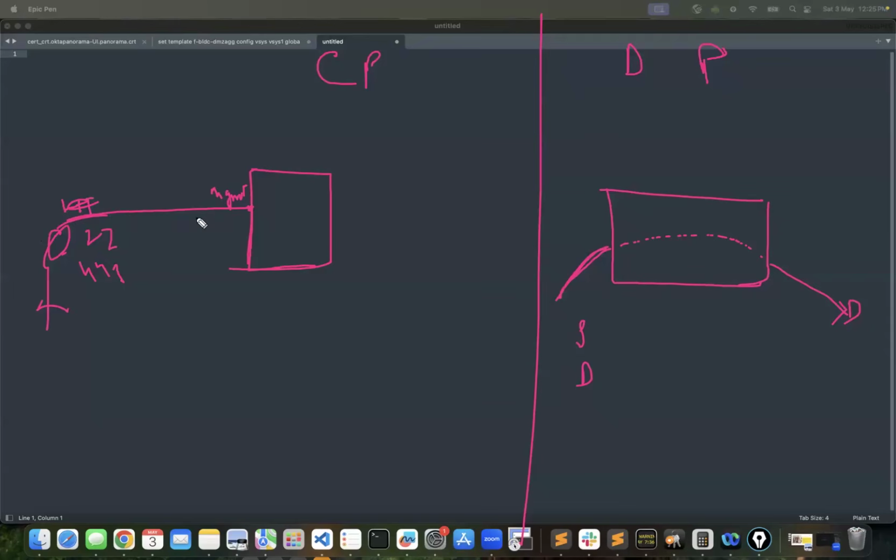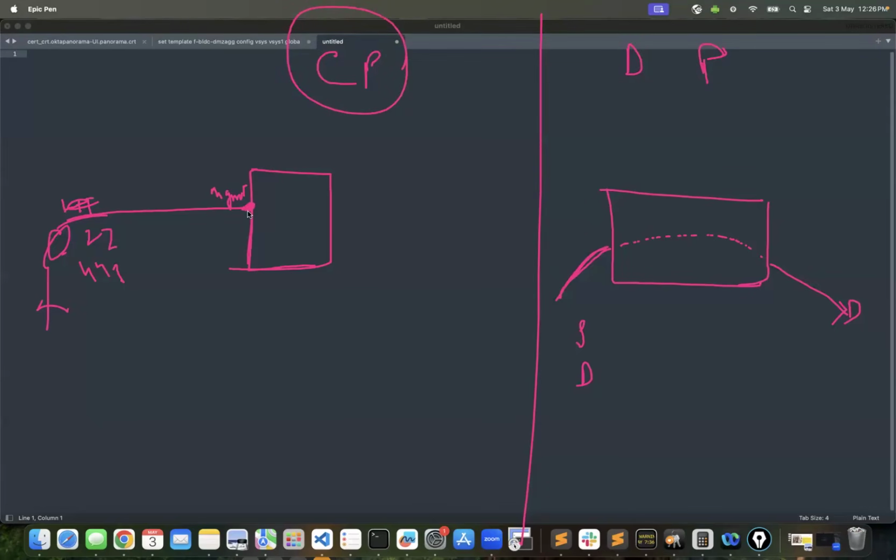This first traffic is not traversing out from my firewall. This traffic is just used here to manage this firewall, not traversing out. That kind of traffic is an example of control plane, one of the examples. I'll show you some more.